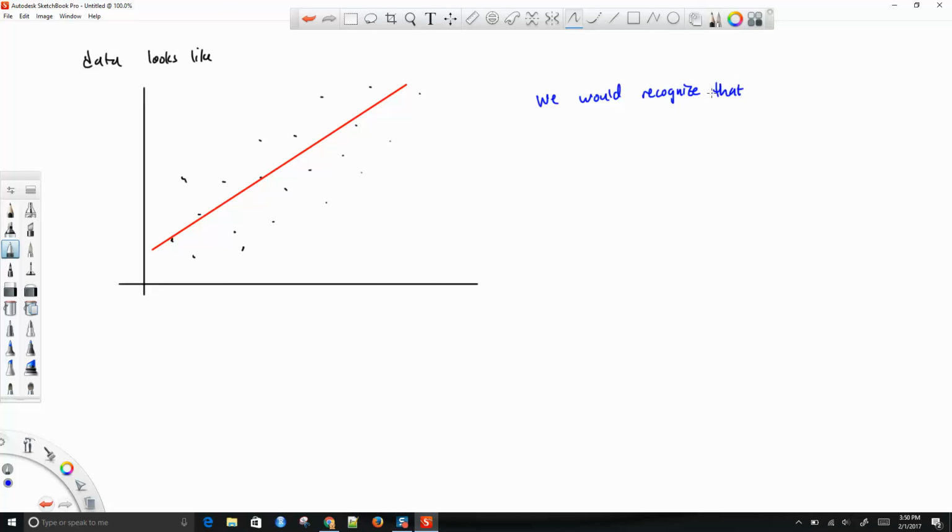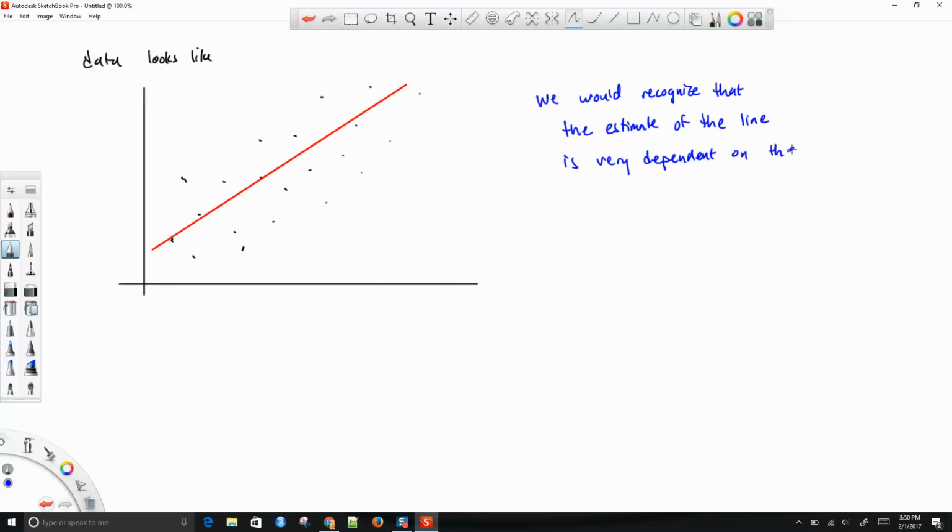We recognize that the estimate we have, the estimate of the line, is very dependent on the data we see.